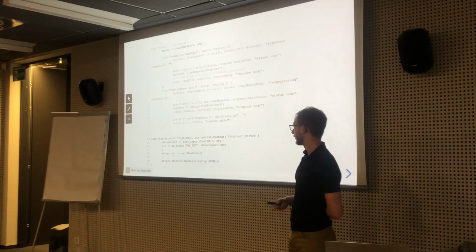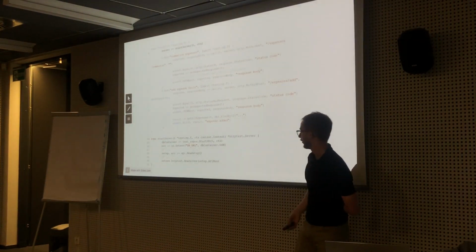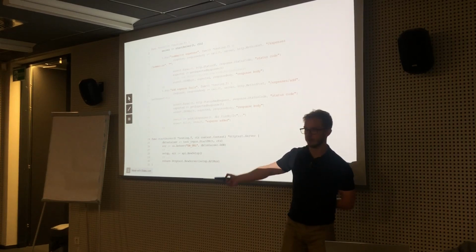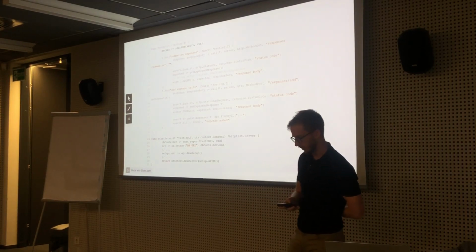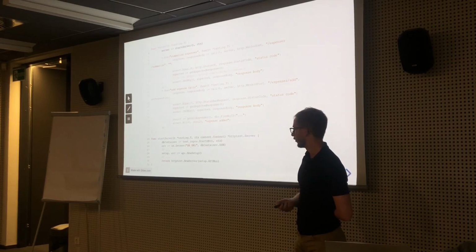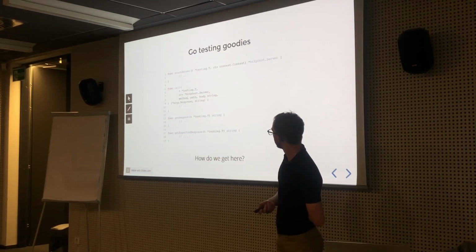And then we just start a new server with httptest. It's built into Go. If you haven't used it, I really recommend that. Very helpful for testing all of the HTTP stuff.